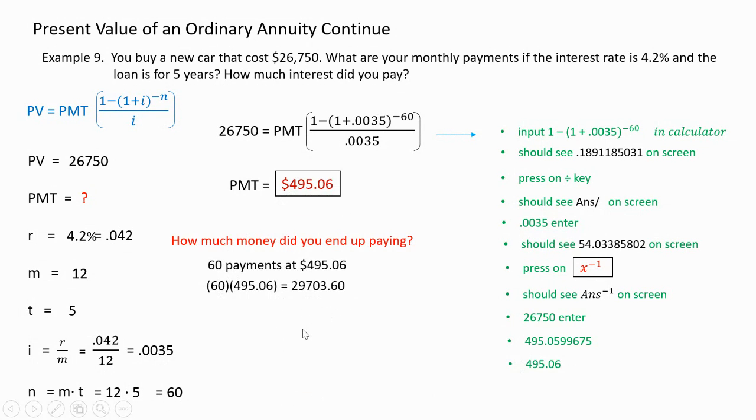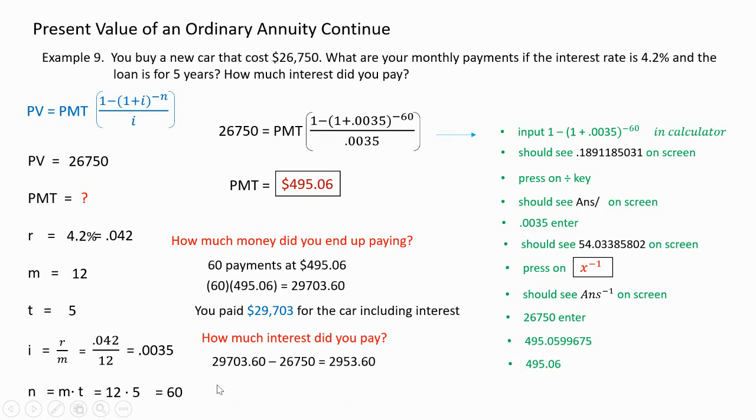That's how much you paid for the car. So let's find out how much interest you actually paid. We subtract the future value minus the present value to get the interest. So you end up paying $2,953.60 extra. So that's how much extra money you paid.